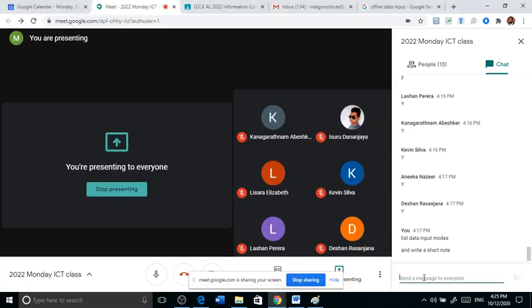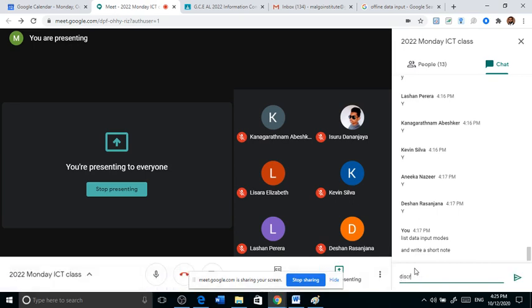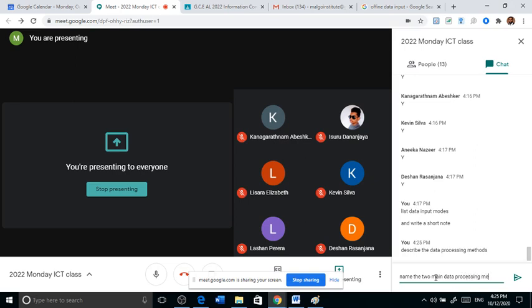So the next question. Describe the data processing methods. So you have to name the two main data processing methods.